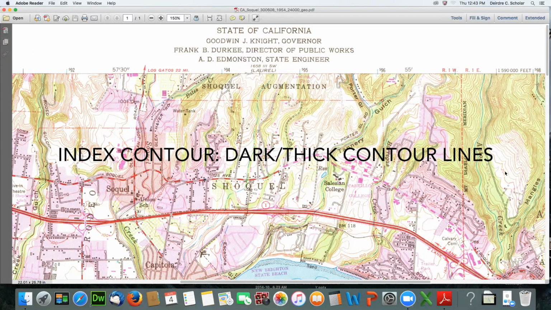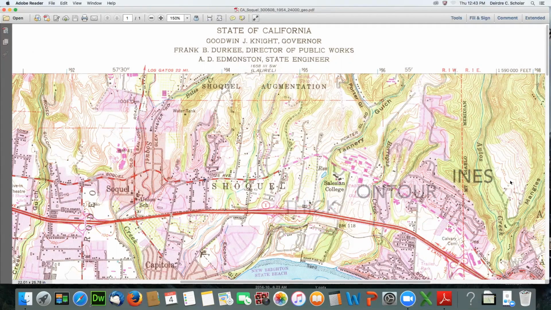It's still part of the 20-foot contour interval, but the map makers give a little bit more weight to those lines because if you're trying to count really fast, say the elevation change from here up to this line here, counting every single one in 20s takes a little bit longer than if we could do bigger intervals.